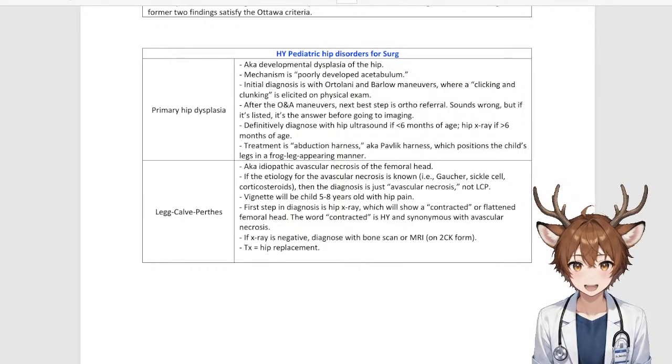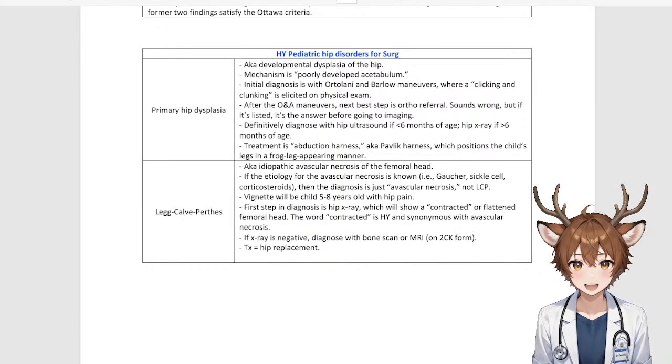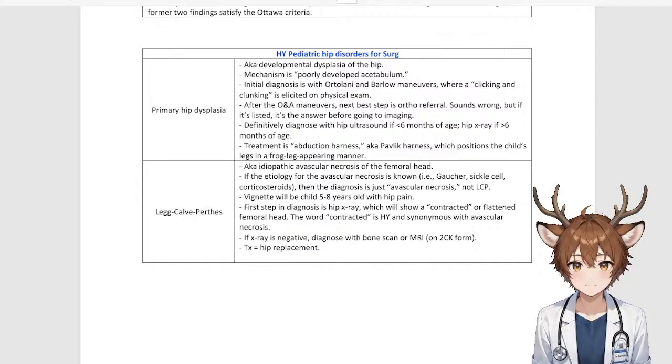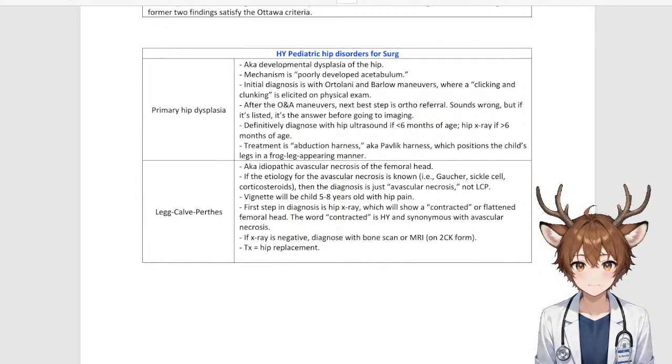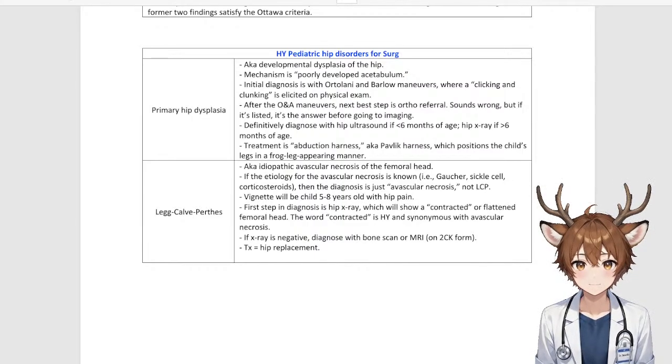Sounds wrong, but if it's listed, it's the answer before going to imaging. Definitely diagnosed with hip ultrasound if less than 6 months of age, hip x-ray if greater than 6 months of age. Treatment would be an abduction harness, aka Pavlik harness, which positions the child's legs in a frog-leg appearing manner.